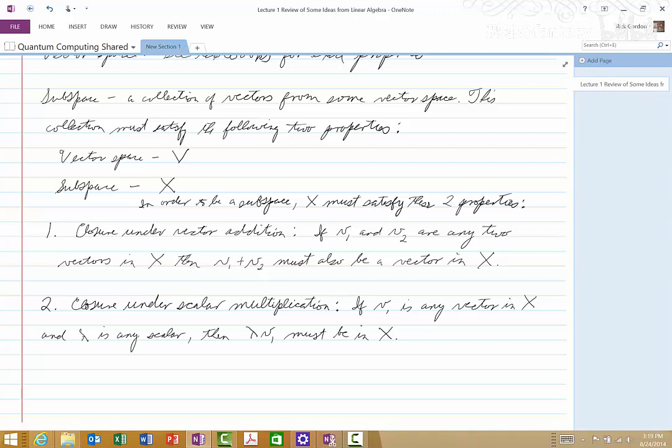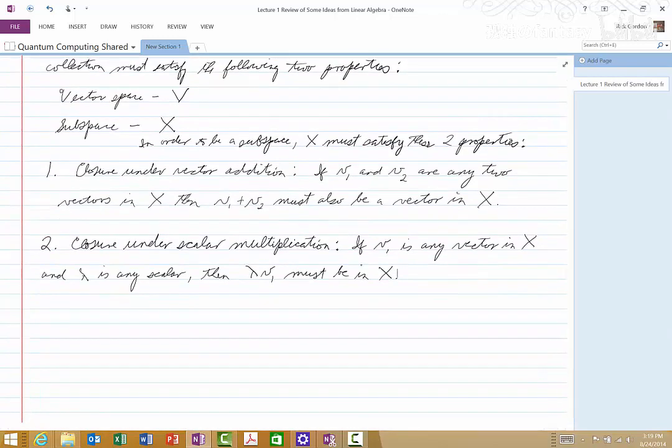Now, I know all of this might seem a little abstract, but let's look at an example, and I think we'll all agree that it's quite simple. So, an example, okay? Let's look at something very simple here. We'll let V be equal to R3.